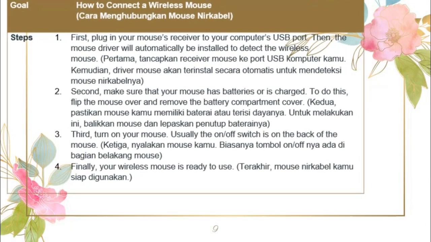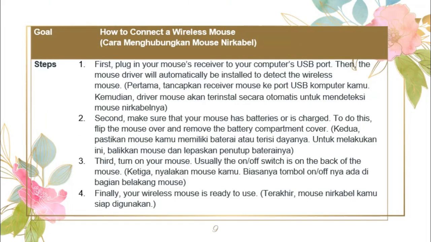Next is a procedure text on the instruction type. Jadi ini contoh text procedure yang menginstruksikan kita atau membantu kita melakukan sesuatu. So the goal of this procedure text is how to connect a wireless mouse. Cara menghubungkan mouse nirkabel atau tanpa kabel. As you can see, there are only 2 structures here.